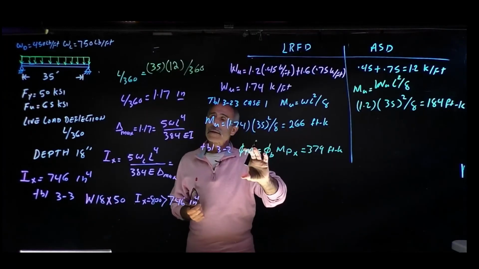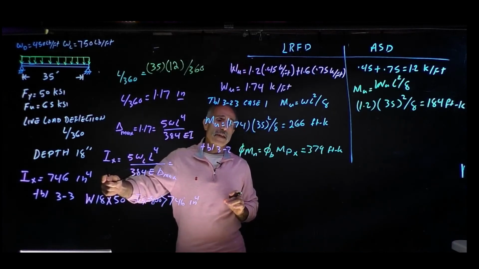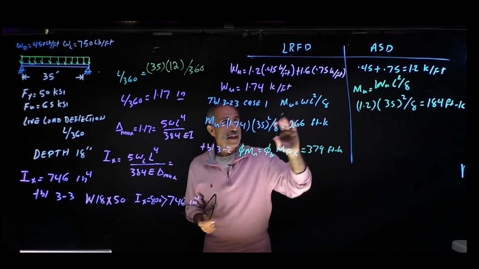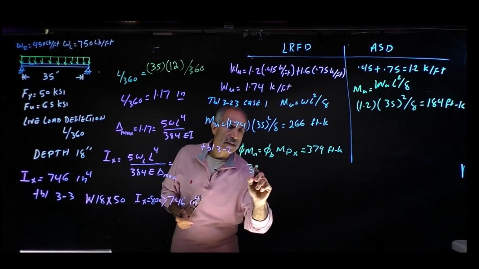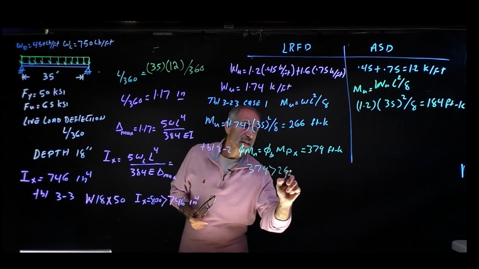This is the capacity of the beam we just selected, and it should be more than the applied moment. 379 is more than 266, and that's good.